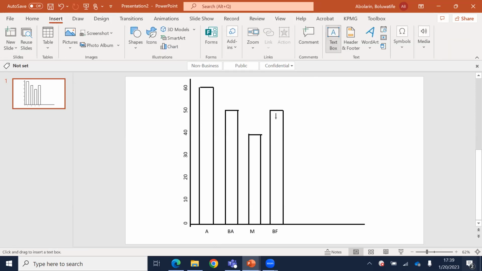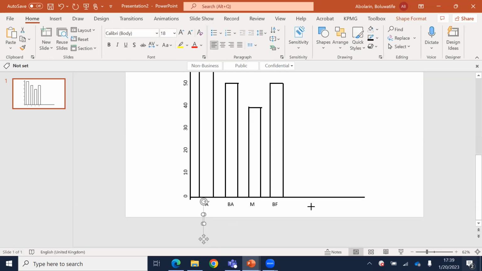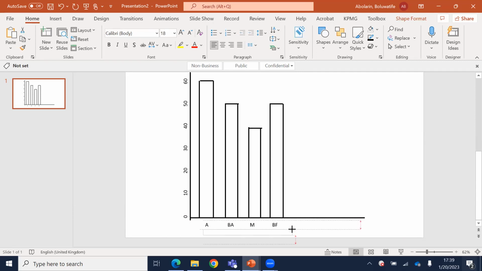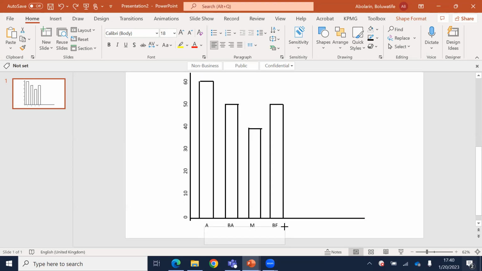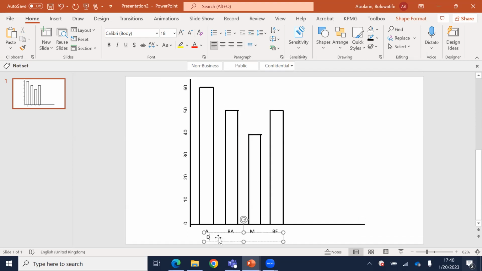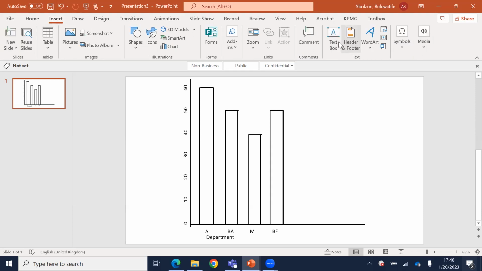This place represents department. While this represents what?